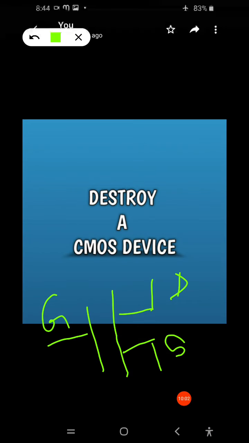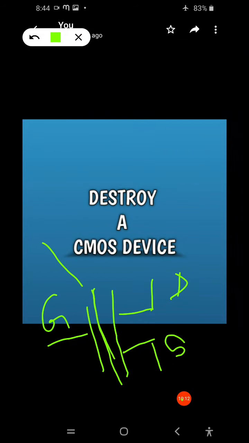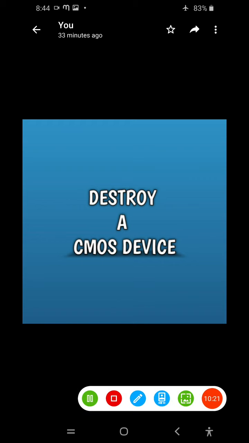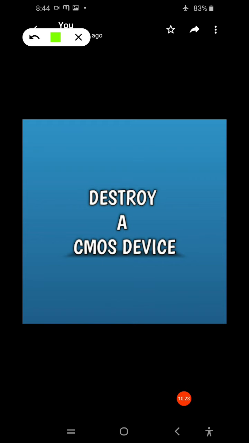Whenever we apply electrostatic discharge, the insulation at the gate can be destroyed. If it is destroyed, the drain and source become short circuited. Like that, we can destroy a CMOS device by electrostatic discharge.